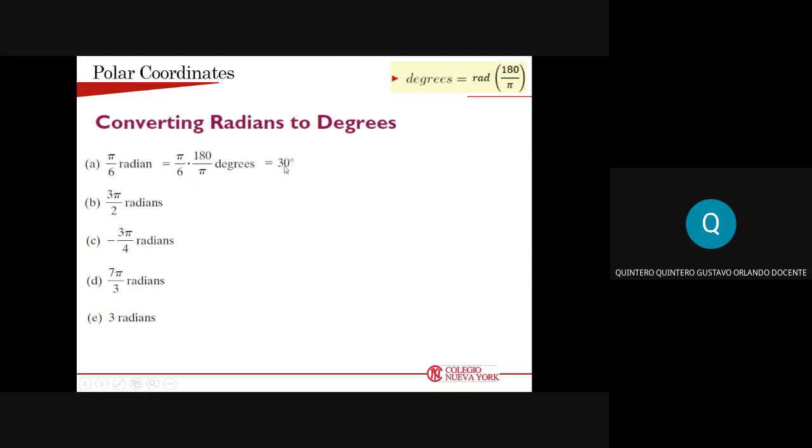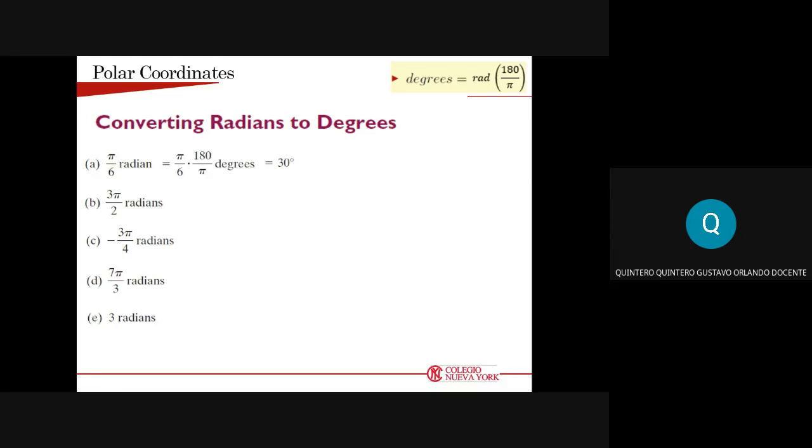This is 30. And don't forget about the units. We put the little circle on top because these are the units: 30 degrees. Now, look at this. I am not rounding the number. This is the equal sign because in this case, this operation gave me a precise number. How beautiful is that? Sometimes that happens.